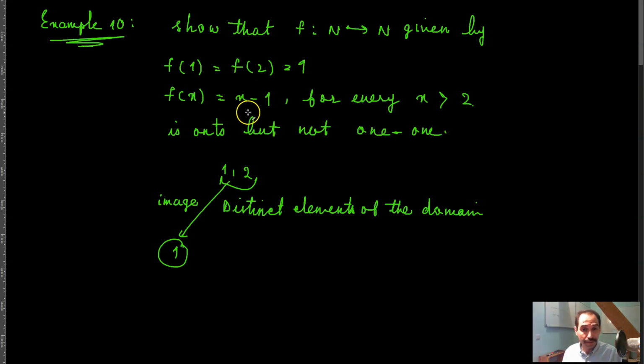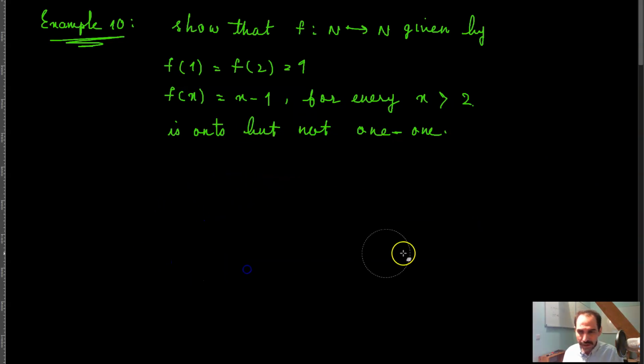Now about the fact that it is onto. Onto means that basically every element of the codomain is the image of some element in the domain of the function, right?